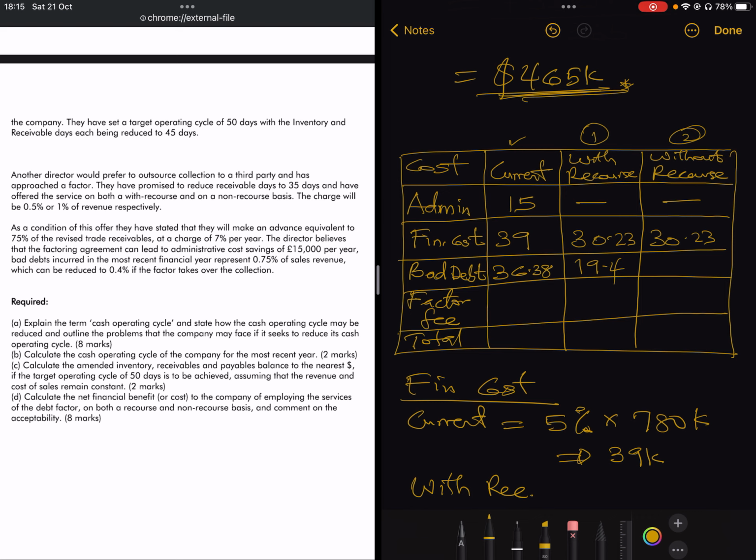Now, without recourse, bad debt, as we said, is always going to be zero. Factor fee, currently we don't have a factor, so it's zero.